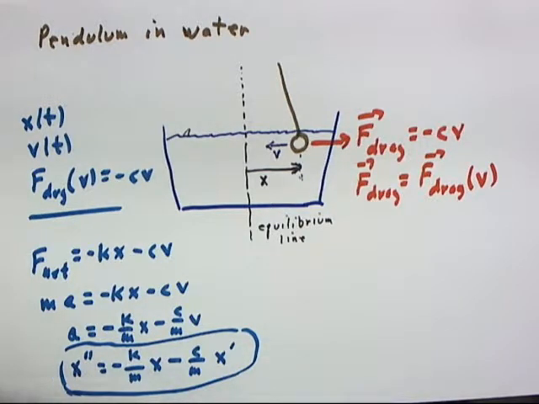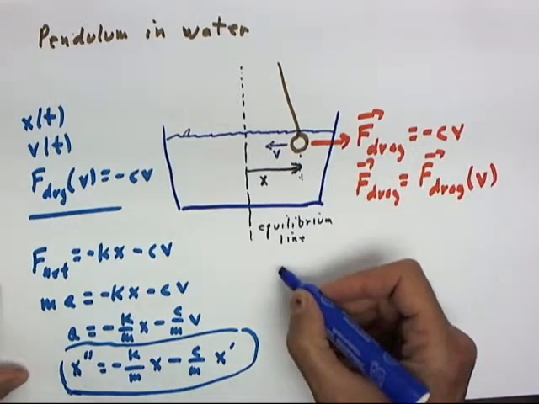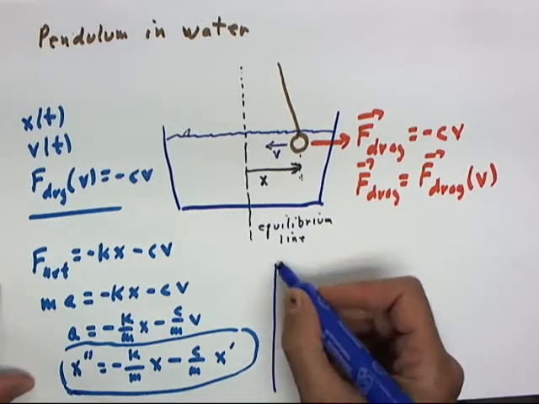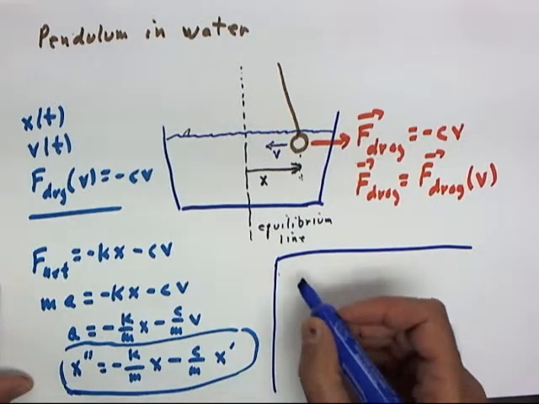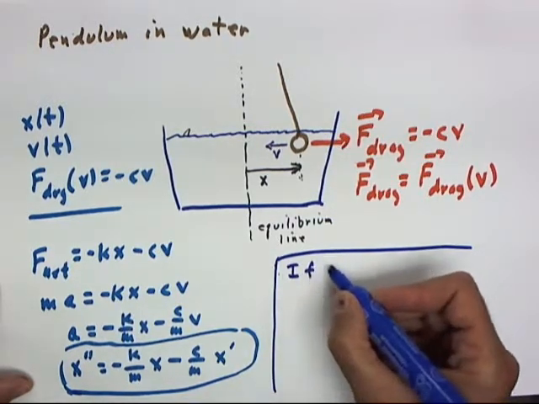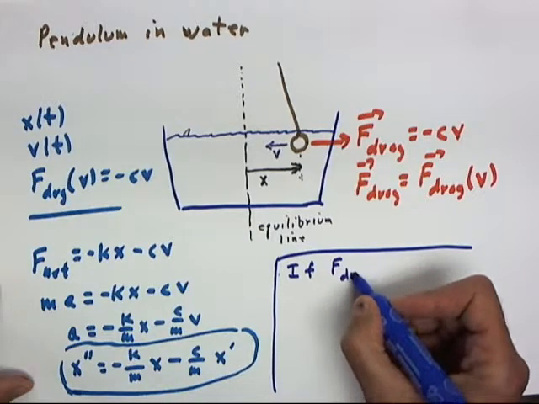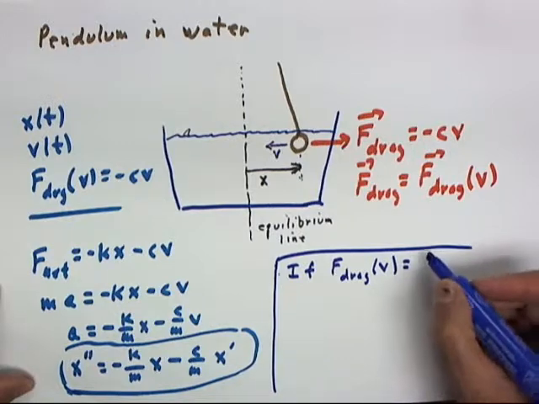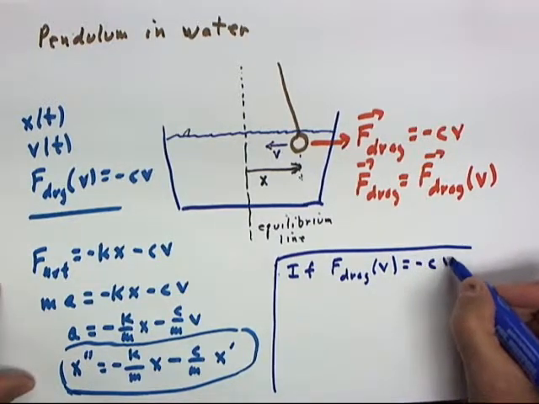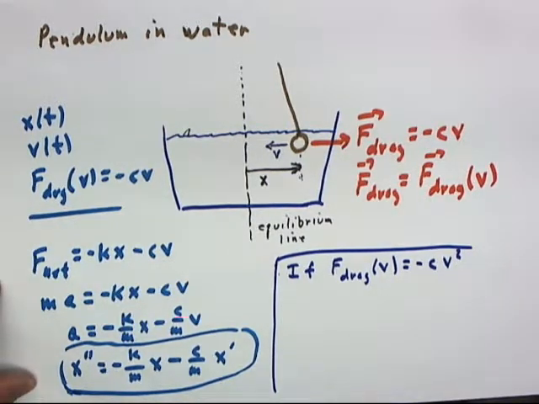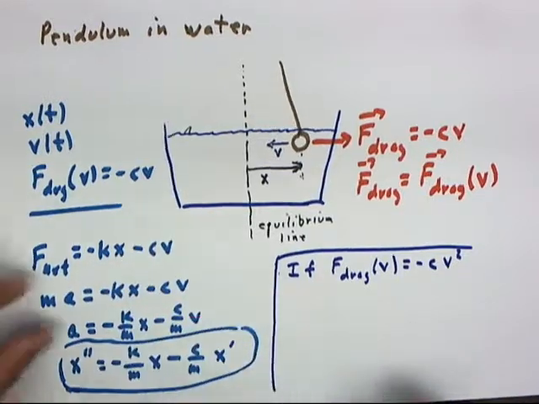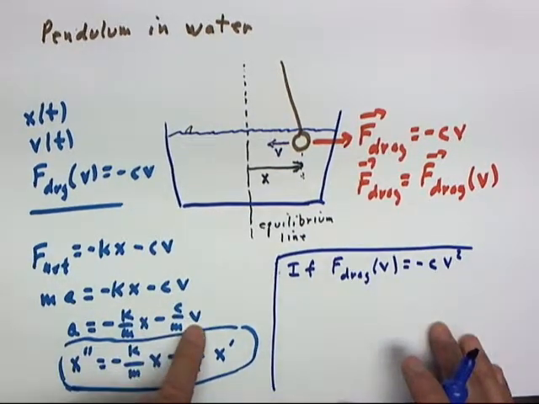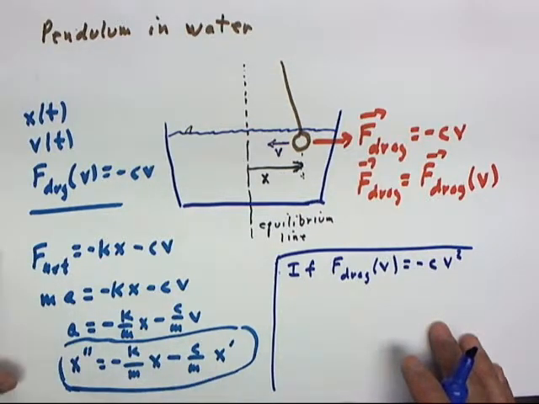Now, if we had a slightly different form of the drag function, and let's just do this over here, if F drag of v was equal to, let's say, negative cv squared, then it's fairly easy to see that we'd have a square on the v here, which then would give us a square on the x prime.